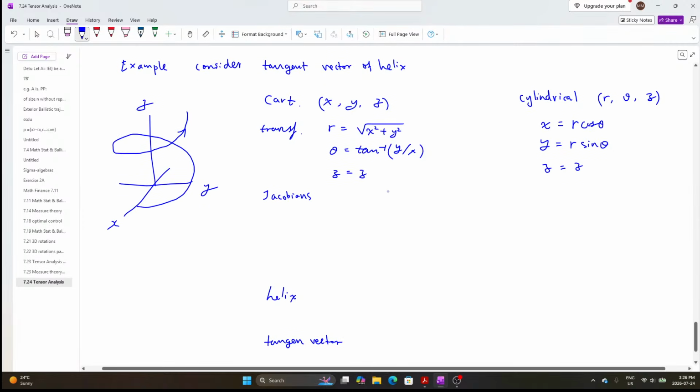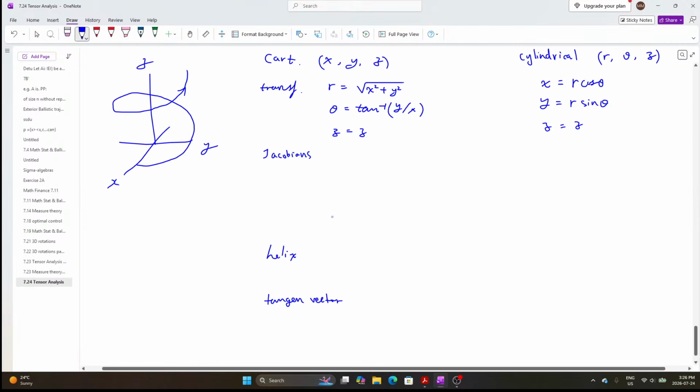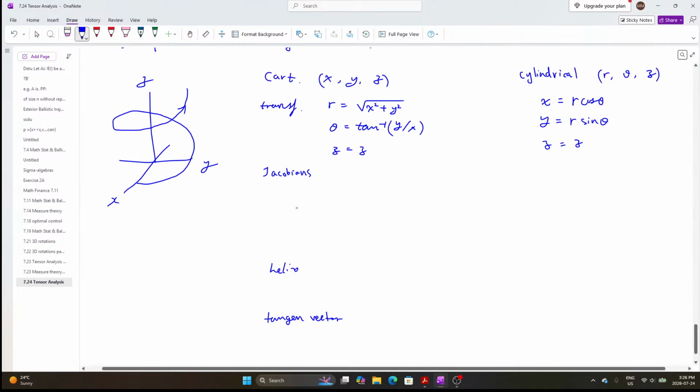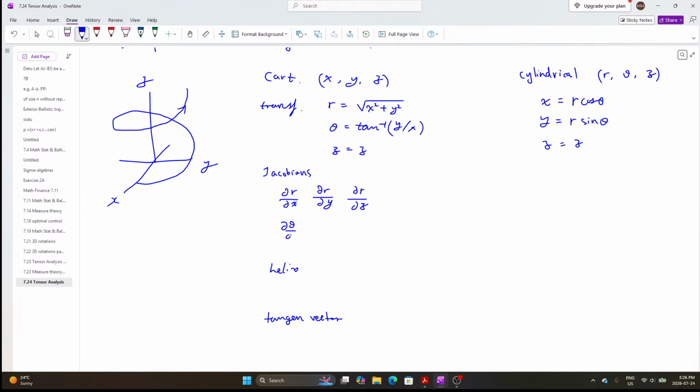The Jacobian can be computed similar to what we did earlier, but let's write down the helix first. The Jacobian for the helix: let me give the 3×3 matrix: dr over dx, dr over dy, dr over dz, d theta over dx, d theta over dy, d theta over dz.